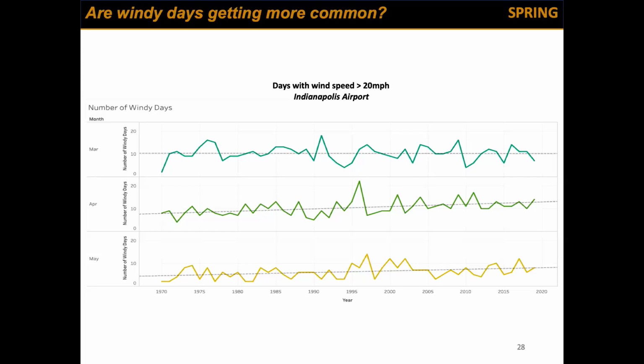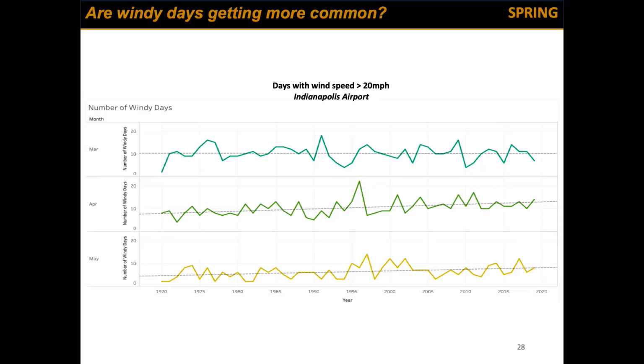The linear trend line is shown for each graph, and while I don't show actual trend line values, it is interesting to note that the trend line for March is pretty much flat, meaning there is no appreciable increasing or decreasing trend in the number of windy days for March. However, check out April's trend line.